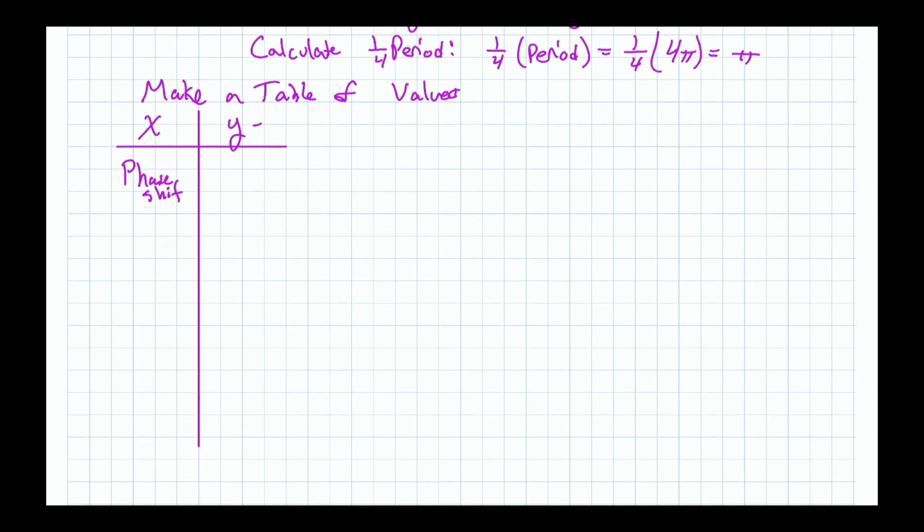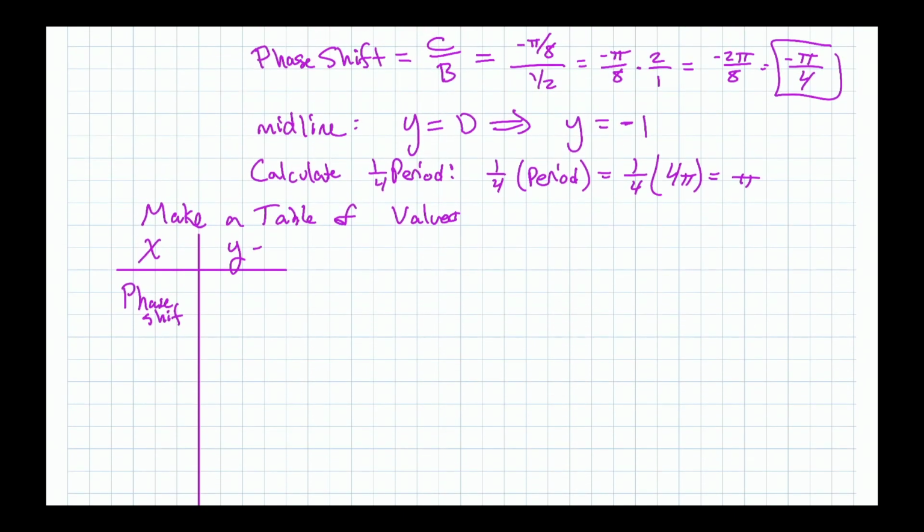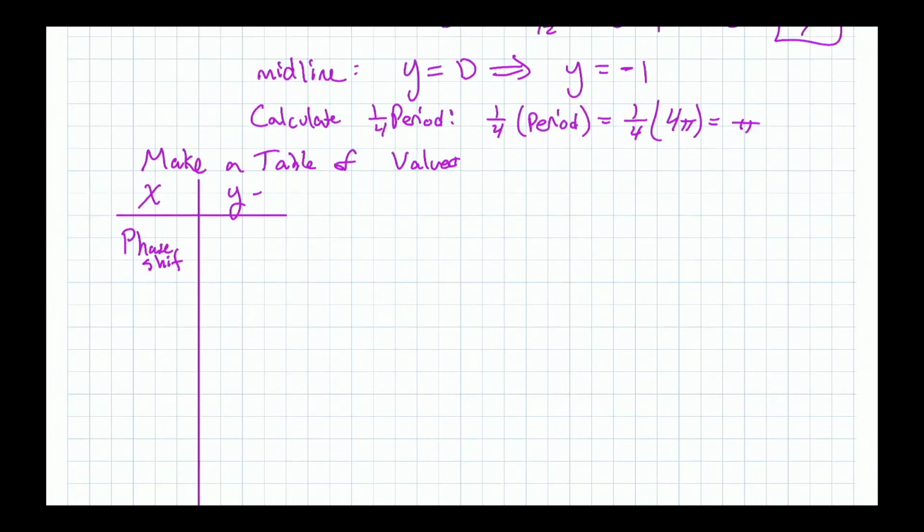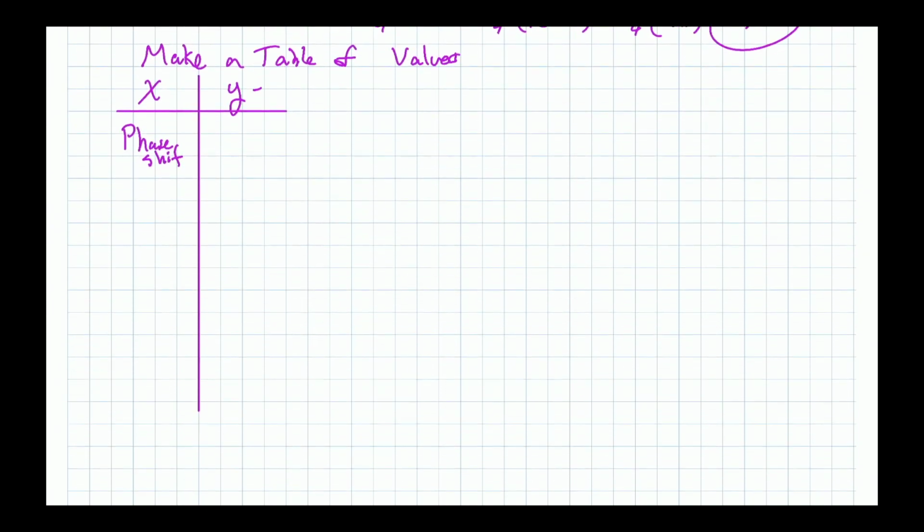Now from there on, what you're going to do is you're going to be adding 1/4 period. That's why I calculated a quarter period here. What you want to do is, so I'm just going to write PS for phase shift, so like PS plus quarter period. Does that make sense?